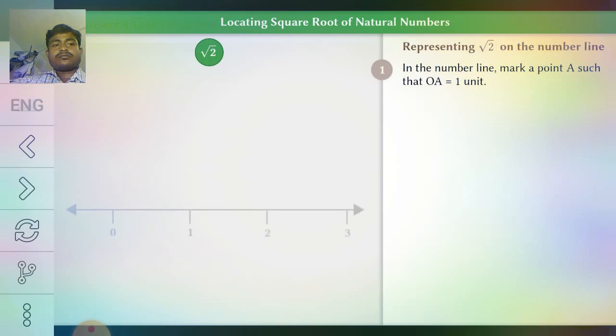Let's see how we can locate those irrational numbers on the number line that are square roots of natural numbers.